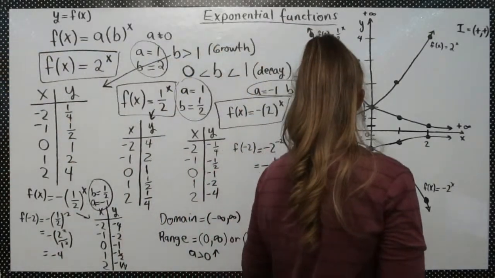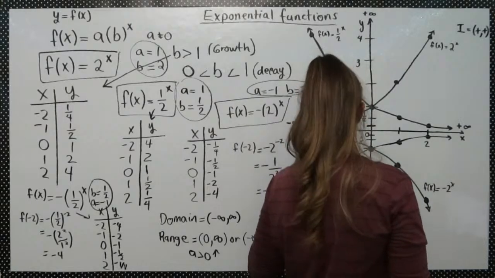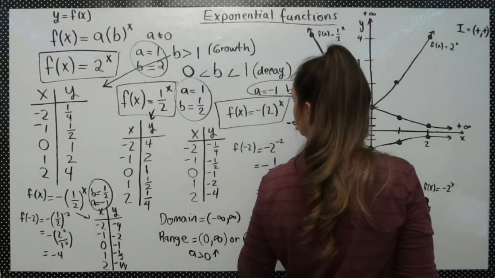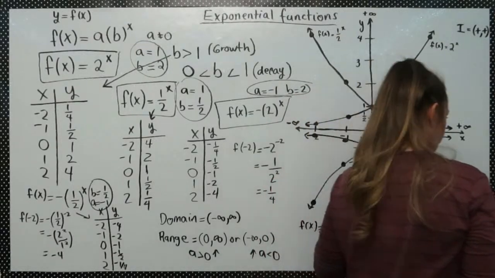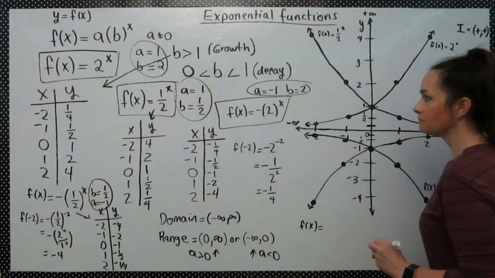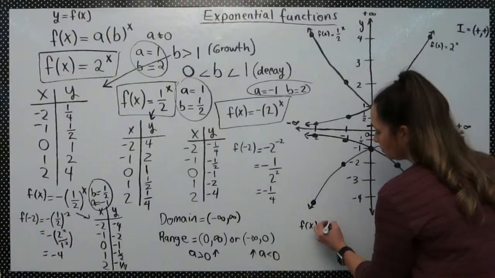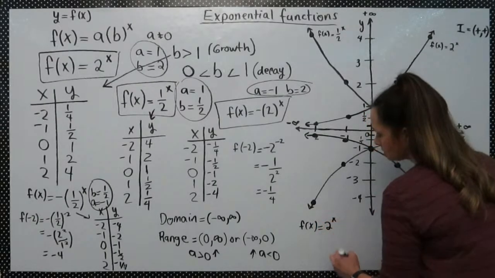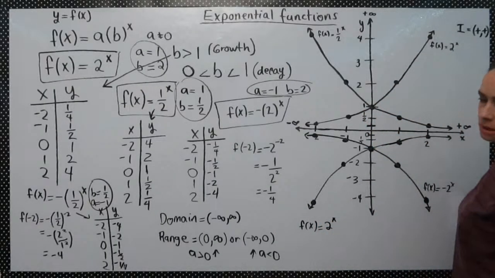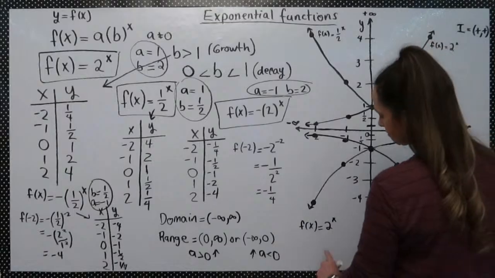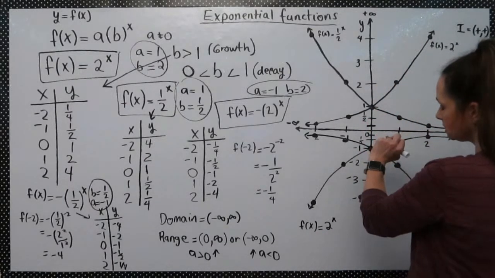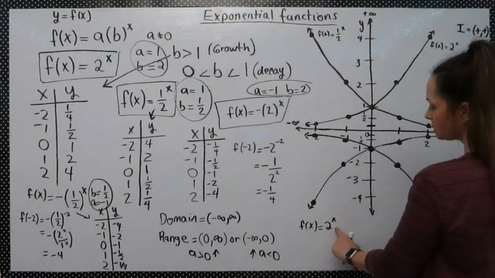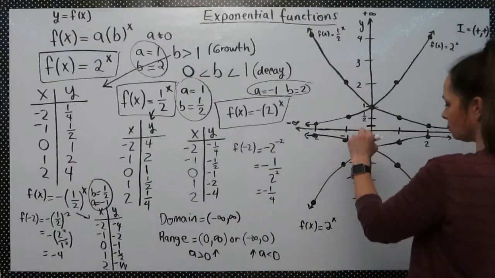Just try it real quick, and this will lead into the logarithmic graph. If you have f of x equal 2 to the x, and I found when x was 0, I plugged in 0 for x, I got 2 to the 0, which was 1.